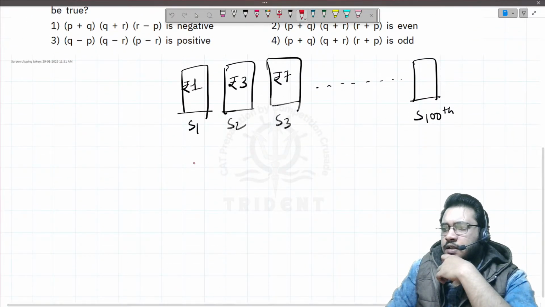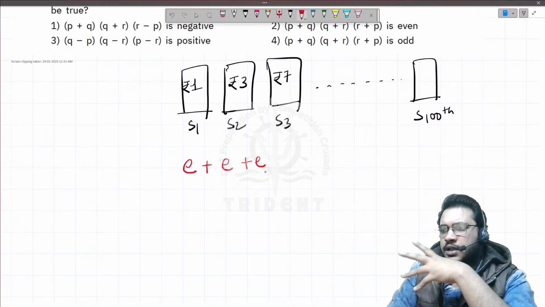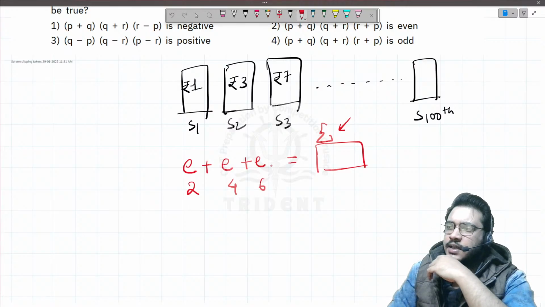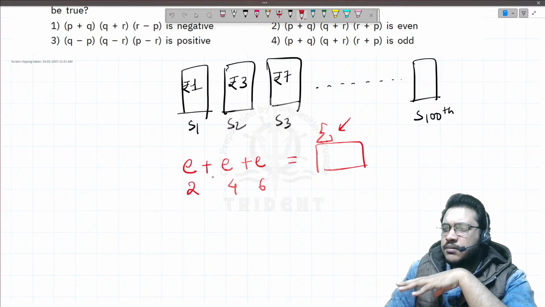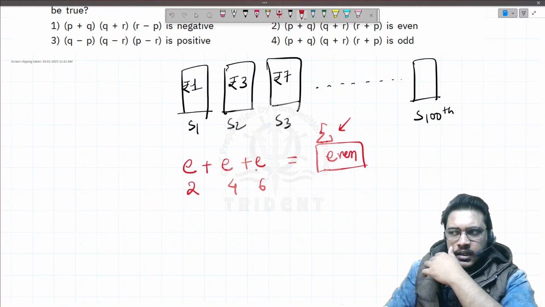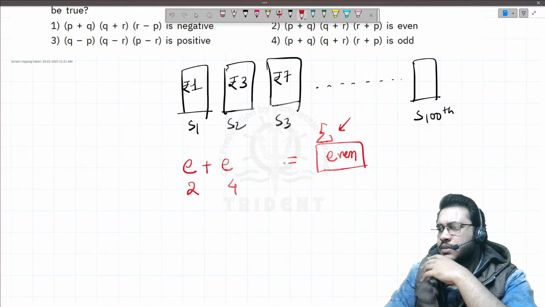If I have a situation like even number plus even number plus even number, you can take numbers also, 2, 4, and 6. You will see the total sum that I will get, I'm indicating it with the sigma sign. You will see invariably, as long as the numbers themselves are even, the summation is always going to be even. 2 plus 4, I'm just taking two even numbers, and I'm also getting an even number.